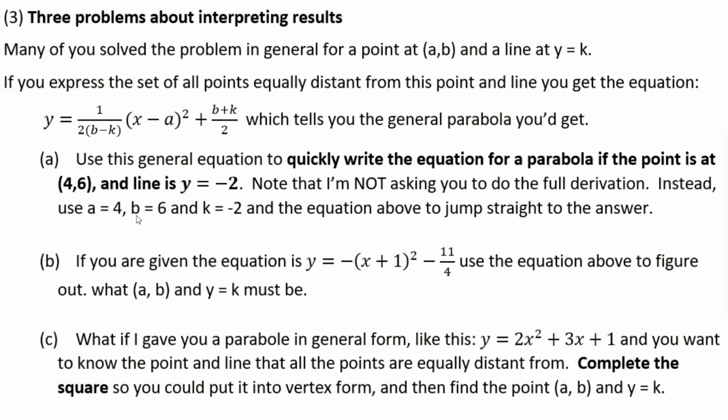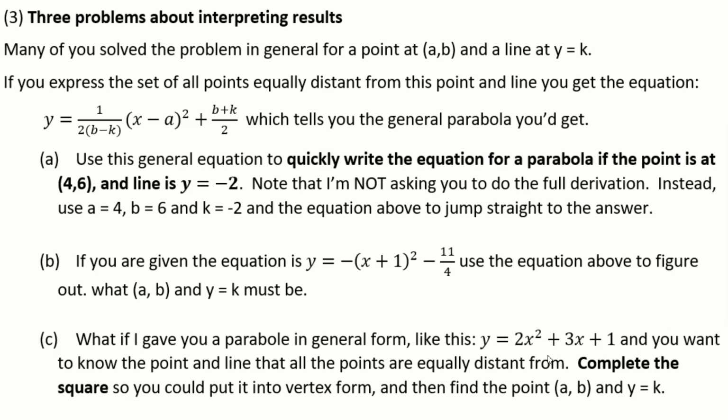So coming back here, hopefully the thrust of these problems is clear now. The idea is this form tells us something specific about the parabola. It'll tell us the point AB and the line which all these points are equidistant from. And so if you can make your equation in a form where you can set the parts equal to each other, you can figure out things that you didn't know before about your parabola.